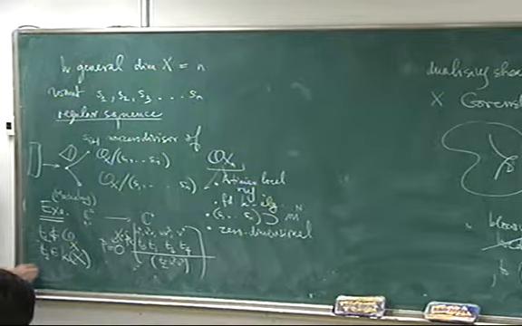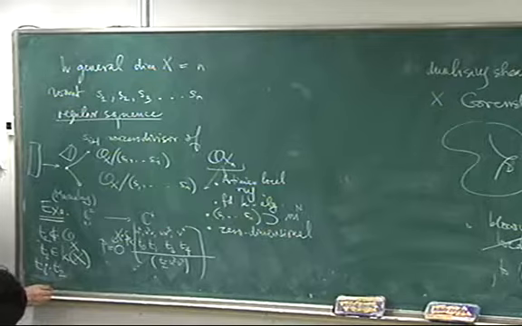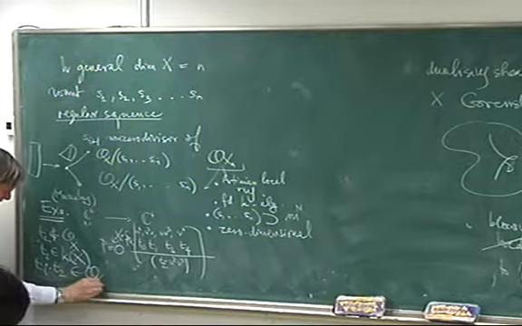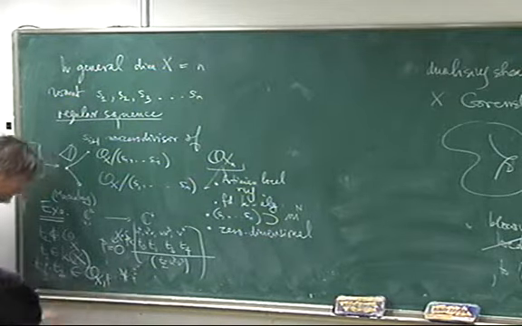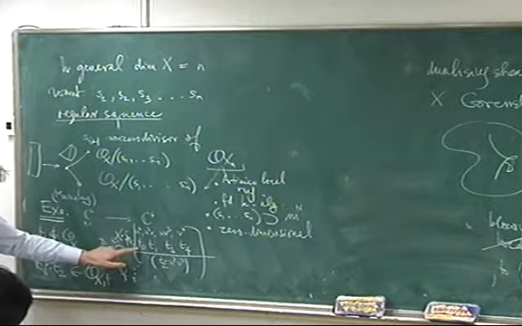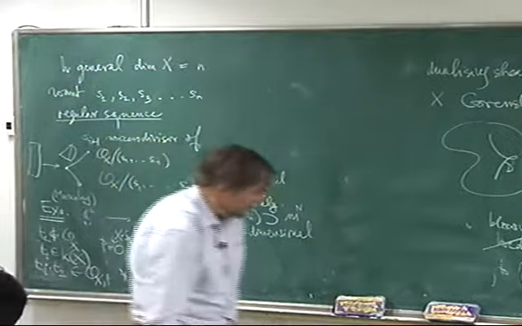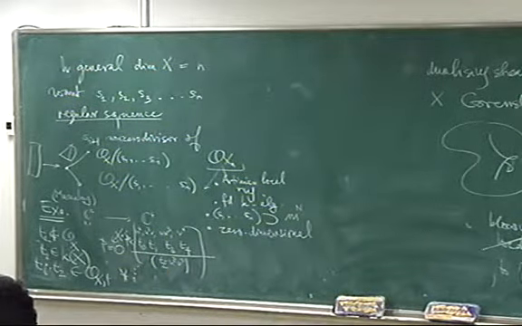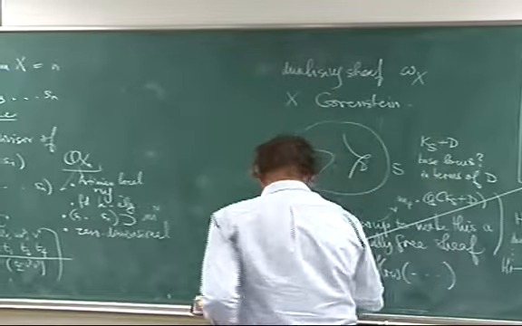And also, Ti times T2 is in O_X for all i. So T2 is not in the ring, but if I multiply by any of these Ti's, then it is in the ring. It's a bit like that little piece of fluff here, which is not 0, but if I multiply it by anything in the maximal ideal, I get 0.